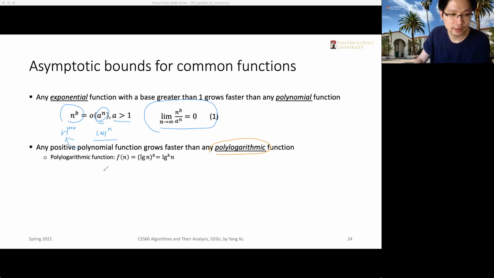The polylogarithmic function is in this form: the logarithm of the input raised to the power of some constant k. So it's the logarithm first, raised to the power of k. This is some information we will need when we compare the efficiency of algorithms.